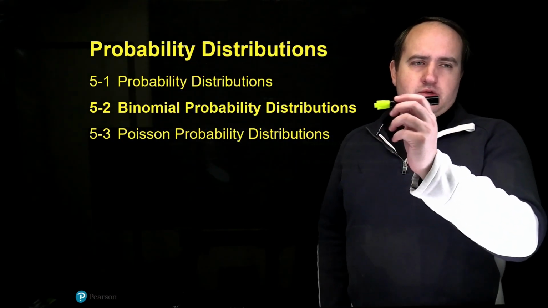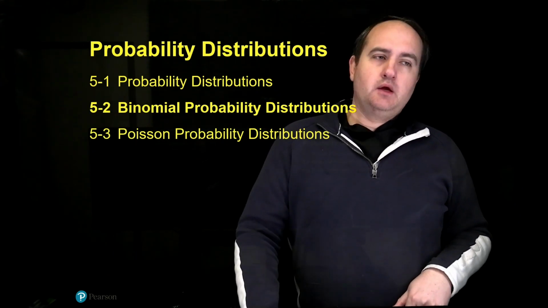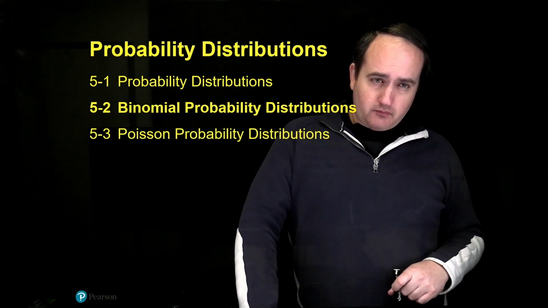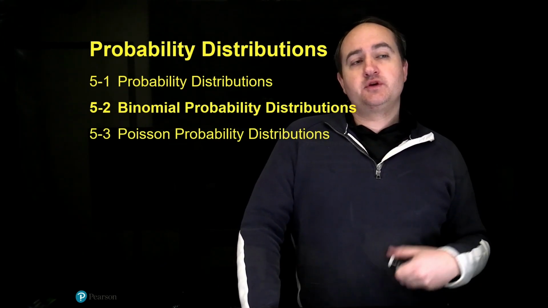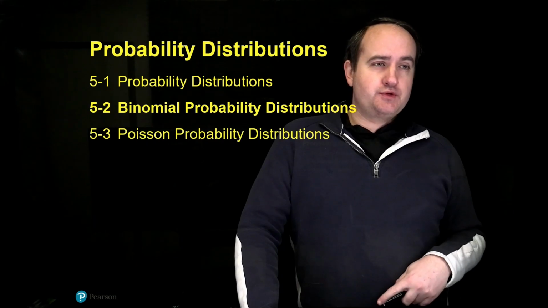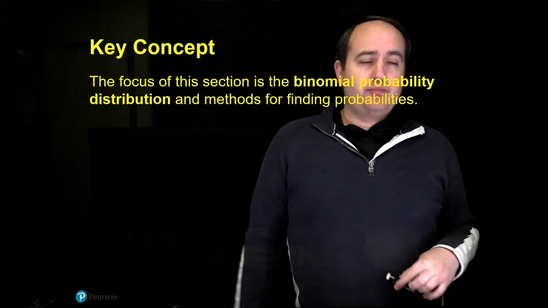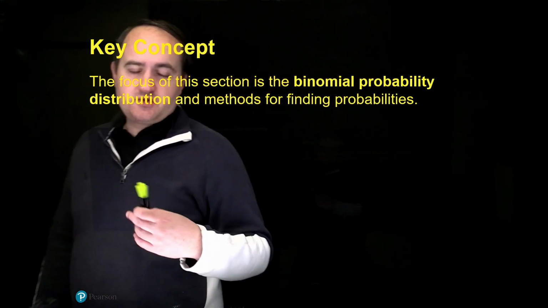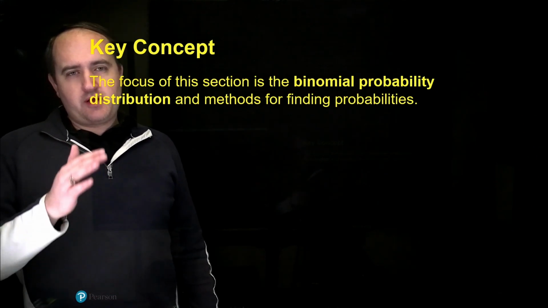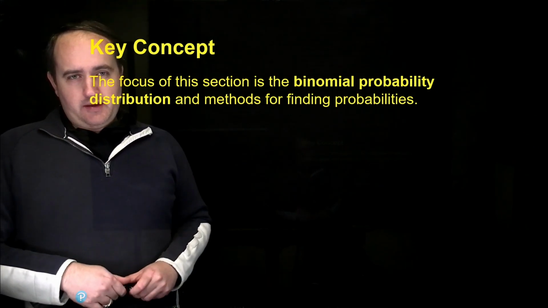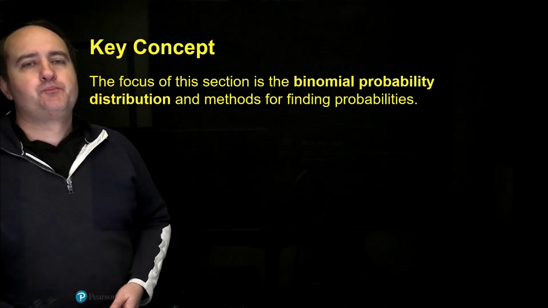So 5.2, binomial probability distributions. These are a very common type of discrete probability distribution. And I know it's been a long time since we did chapter 1, but a discrete probability distribution essentially means that the number of possible outcomes is finite or countable, okay?